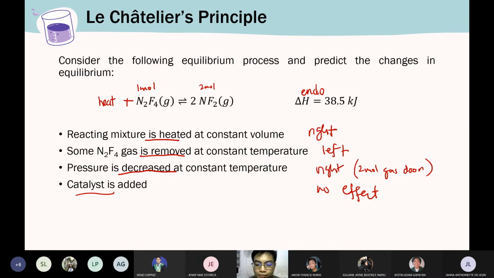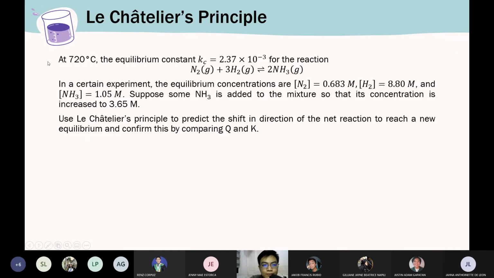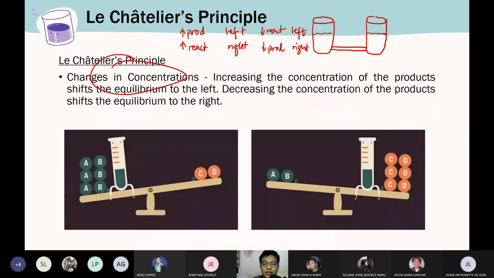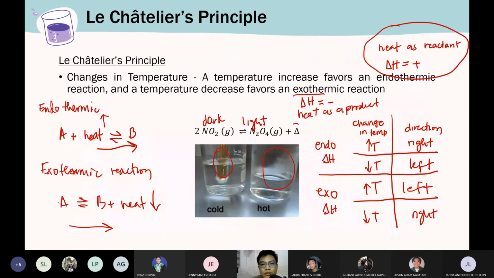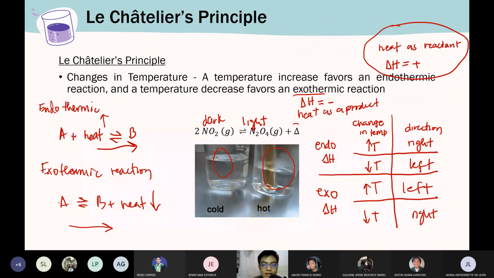Again, there will only be a few of these in the quiz, but I want you to know this. In the laboratory, it will be discussed in future chapters, but gases won't be discussed much. In analytical chem, we focus more on the effect of concentration, because pressure, volume, and temperature are mostly about gases, and we don't usually deal with gases in analytical chem.